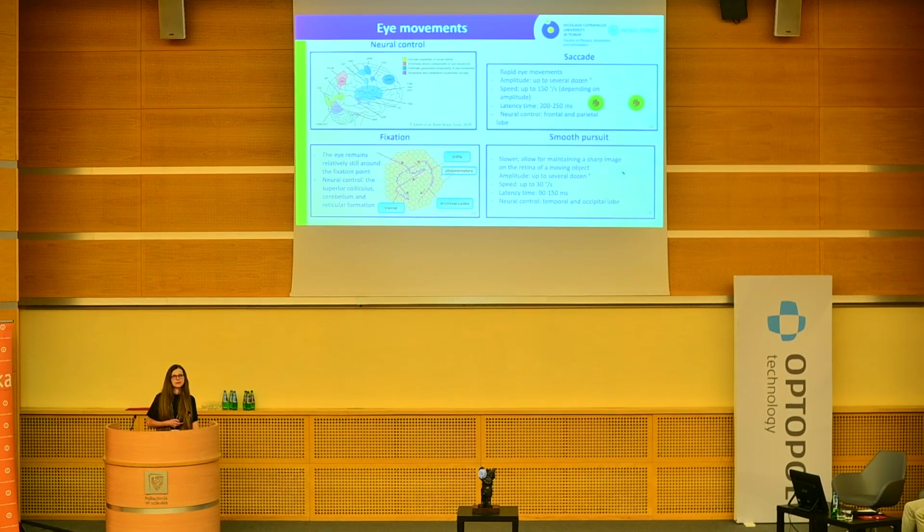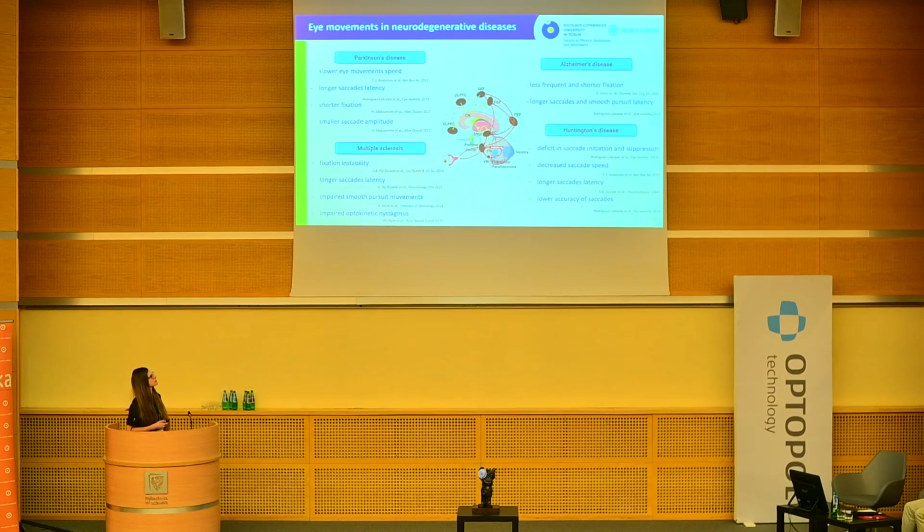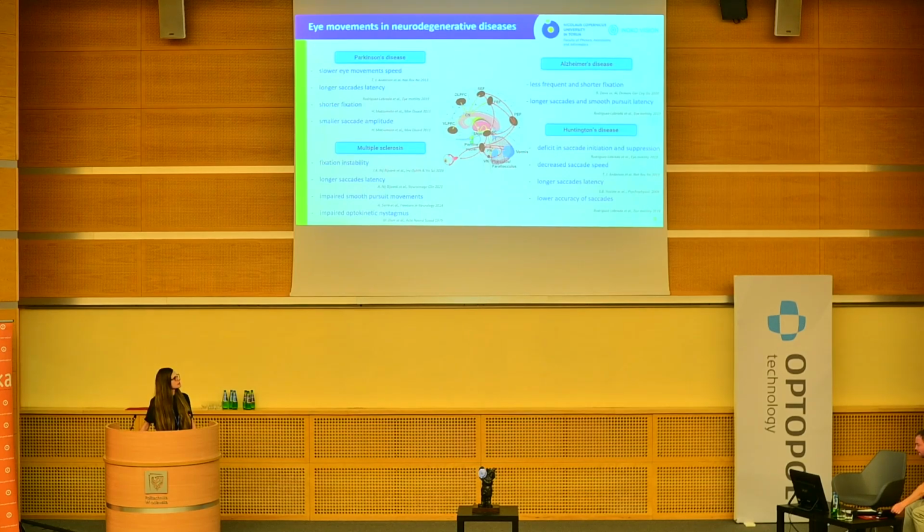So, investigation of eye movements is especially interesting in neurodegenerative disease. When we look at this literature review, we can see that every type of eye movement is disturbed in neurodegenerative diseases, such as Parkinson's disease, multiple sclerosis, Alzheimer's disease, and Huntington's disease.